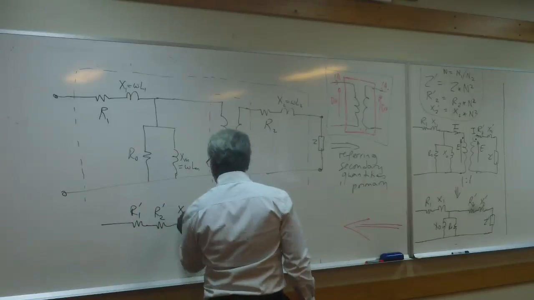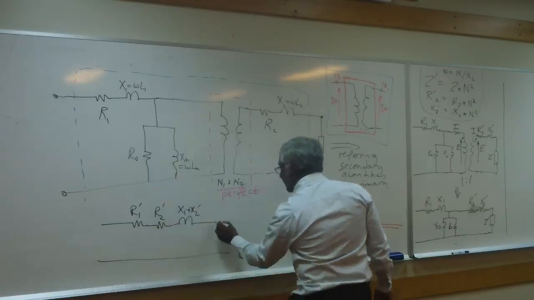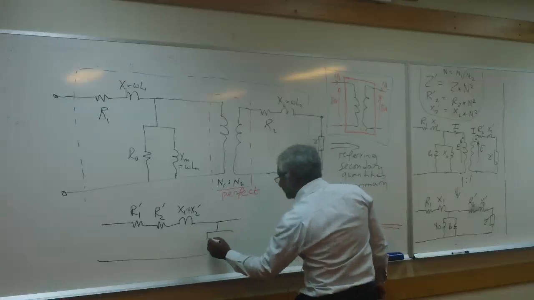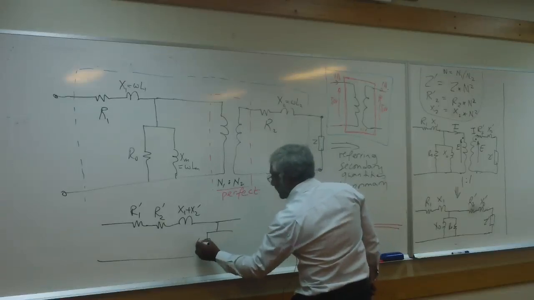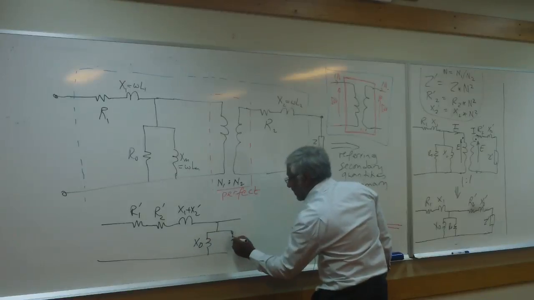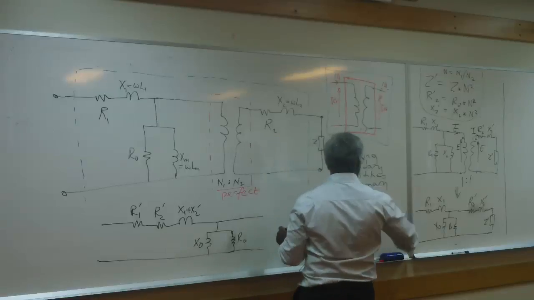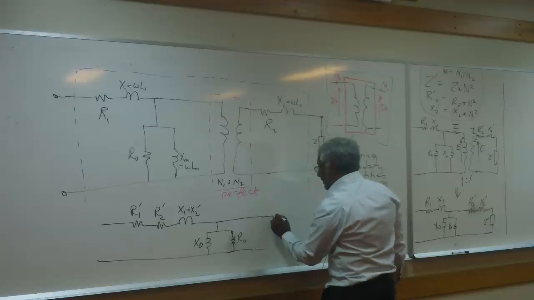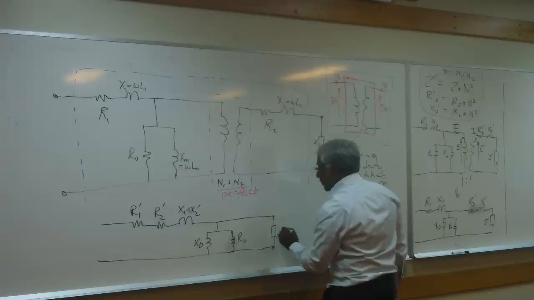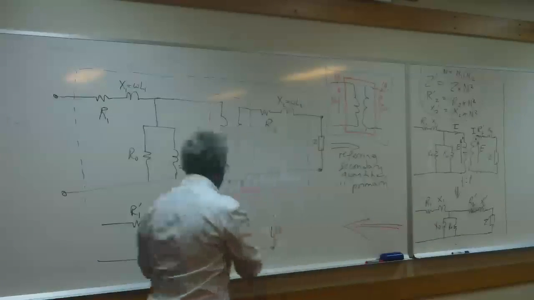So x1 plus x2 prime, I'll add them, and I'll put that here. X naught and R naught. And if you did have some load, then that would be there as Z prime.